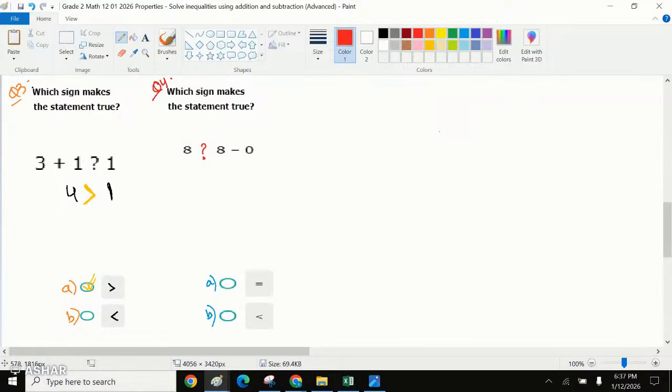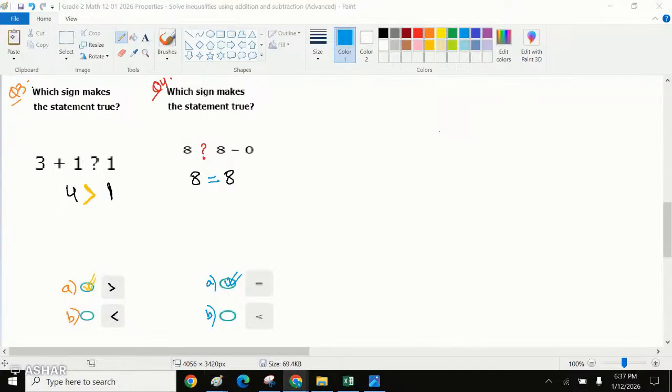Okay, thank you. So this would mean is equals to. How did we simplify that? We say 8 minus 0 was 8 and this was 8. And obviously 8 cannot be greater than 8, cannot be less than 8. It would be equals to 8. Okay, thank you. Let's try another example.